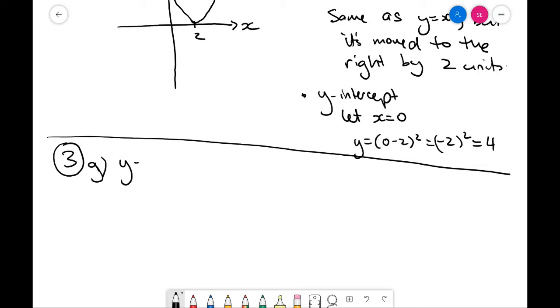So we've got y is equal to 2(x + 2)² − 18. All right, so let's look at our 3 transformations. We've got dilation, up or down, and right or left.